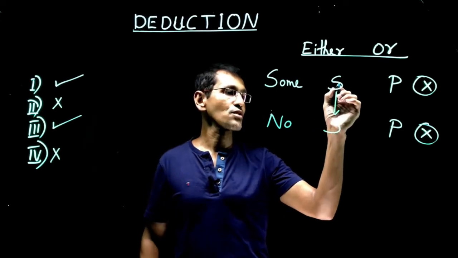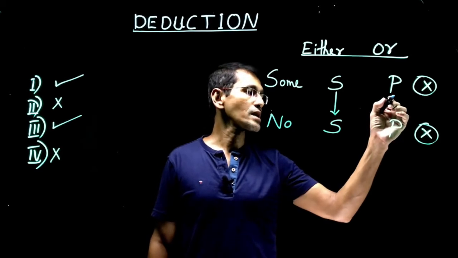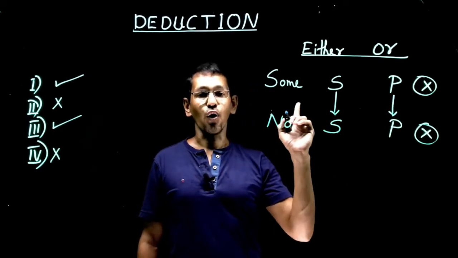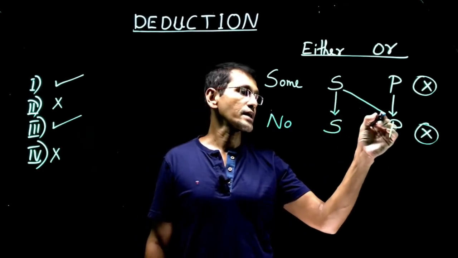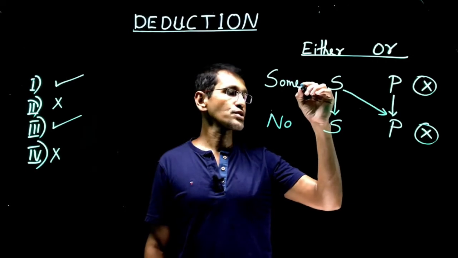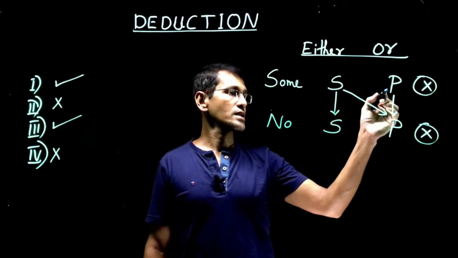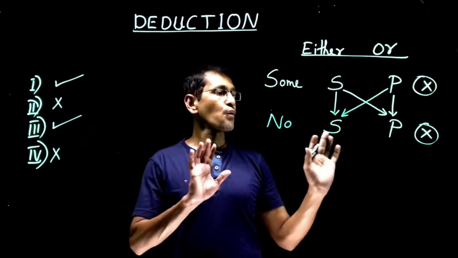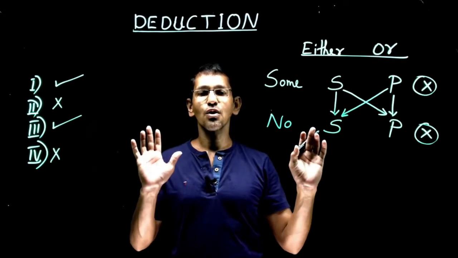The subject of the first conclusion must be the same as the subject of the second conclusion, and predicate must be predicate. Or there is another possibility: subject could be predicate. The subject of the some conclusion could be the predicate of the no conclusion, and predicate could be subject.